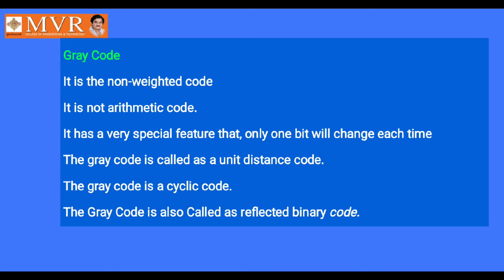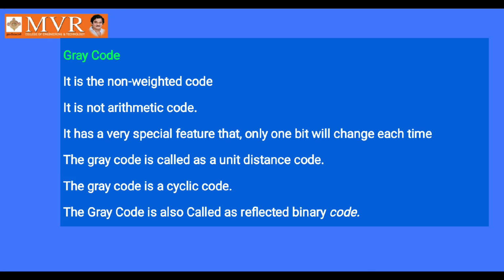And this gray code has a very special feature. Only one bit will change each time. One bit changing each time means, if you consider the first value 0, 0, 0, 0 and the next is 0, 0, 0, 1, between these 4 bits how many changes do you observe? Only one change, 0 to 1.